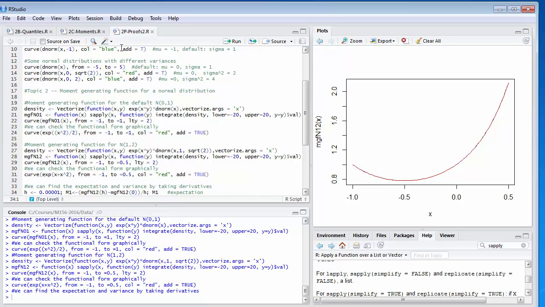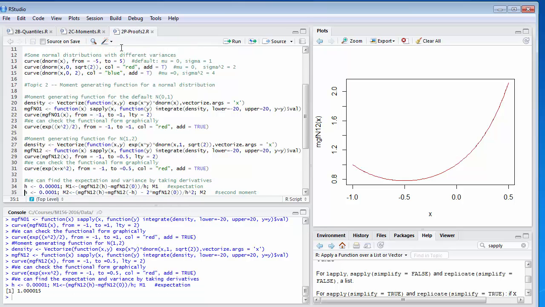Rather than trying to use the R function that takes derivatives, I'm just taking two values that are close together, one at h and one at 0, dividing by h. I'm not passing to the limit, but the value of h I used is small enough that I might as well have. And you can see down below I get 1.0015.